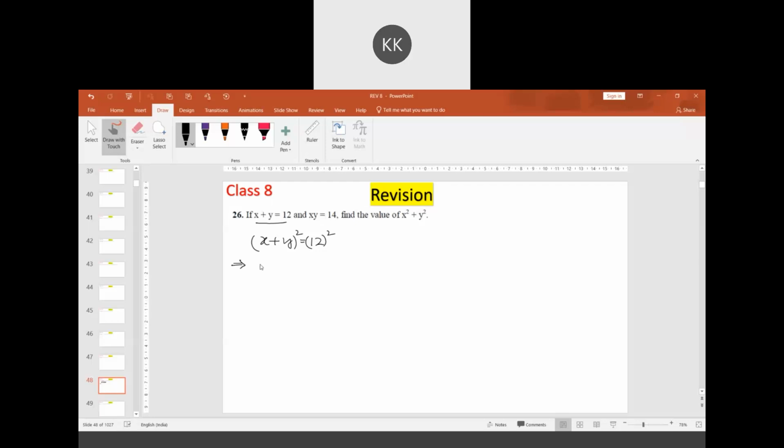On squaring both the sides, we get x square plus y square plus 2xy, which is equal to 144. Sir, you did this question yesterday. Now x square plus y square, in the place of xy we will consider 14.